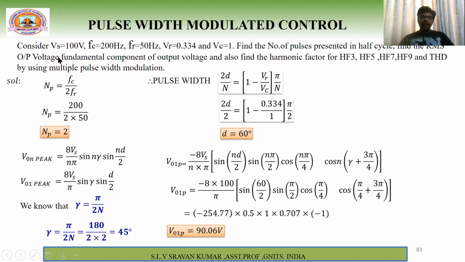Also find the harmonic factors HF3, HF5, HF7, HF9 and THD using multiple pulse width modulation, right? So what is the first, the number of pulses? The formula is Fc by 2FR. We have already seen. Therefore, N is Fc 200 divided by 2 into 50, which is nothing but 2.